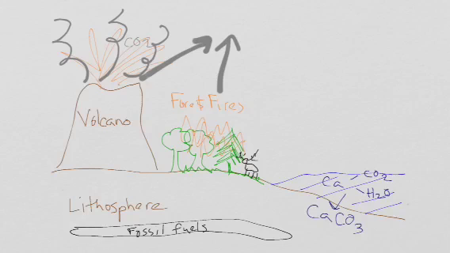So a natural, healthy forest, vegetation, is a carbon sink. Another reason that it's looked upon as a carbon sink is because vegetation also does what? It undergoes photosynthesis.